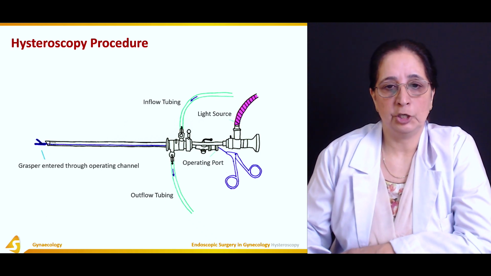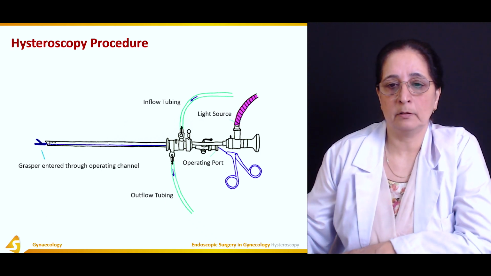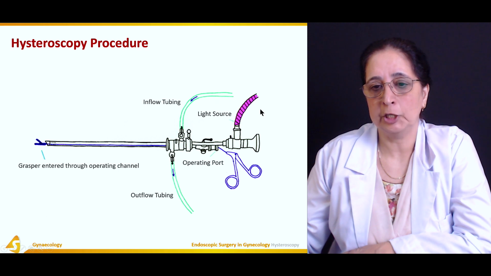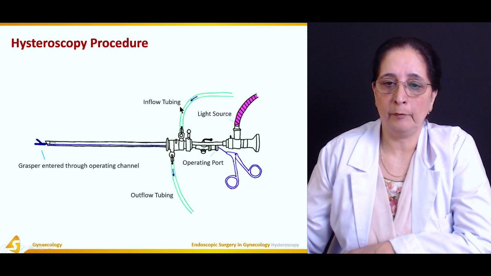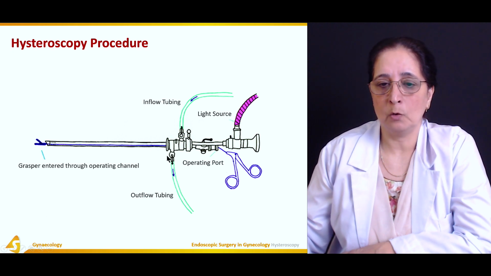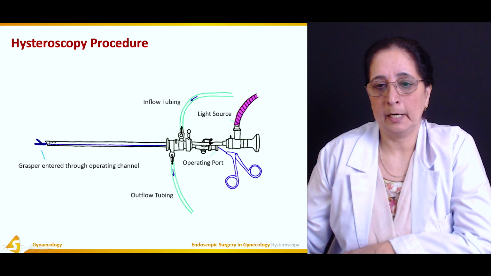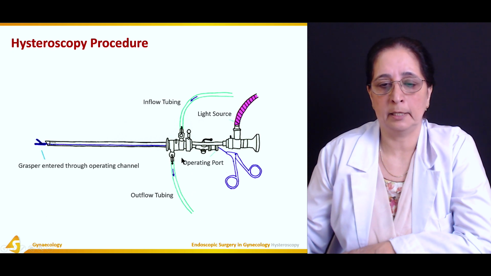Again, this is a picture of the hysteroscope. Here we have the light source. This is the operating port through which instruments are inserted to perform different procedures. This is the inflowing tubing and outflowing tubing, for putting the gas in and taking it out.